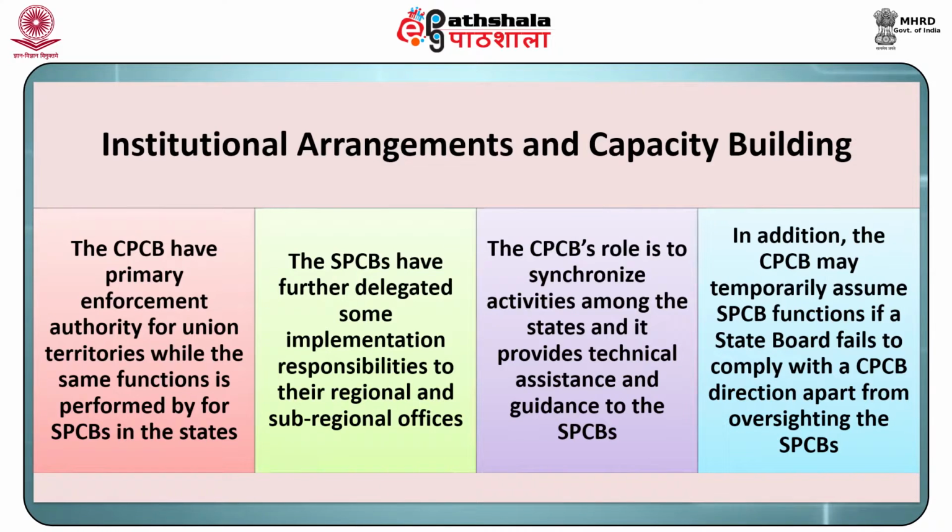The CPCB's role is to synchronize activities among the states, and it provides technical assistance and guidance to the SPCBs. In addition, the CPCB may temporarily assume SPCB functions if a state board fails to comply with the CPCB direction, apart from overseeing the SPCBs.